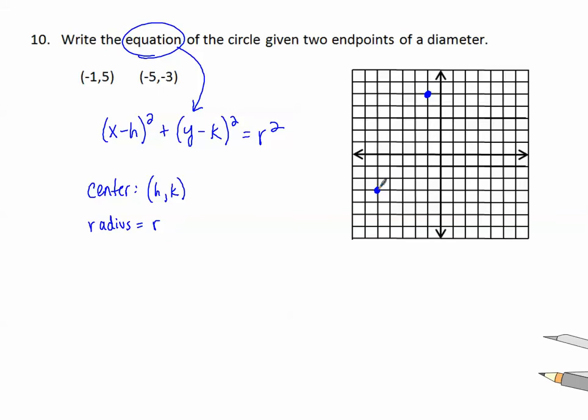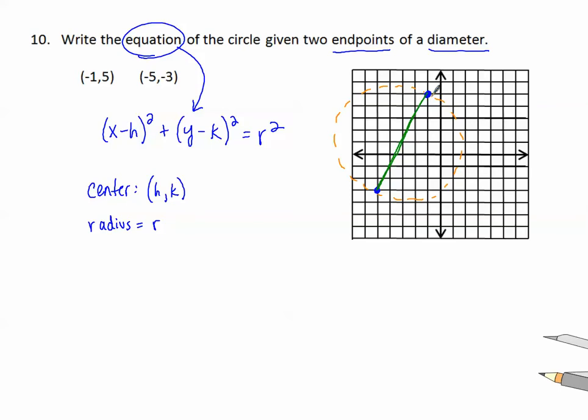So remember that these are the endpoints of a diameter. From here all the way to here, that's our diameter. So where is the center of the circle going to be? Because we need that. So if that's the diameter, imagine the circle is going something like that. Again, just a rough sketch.